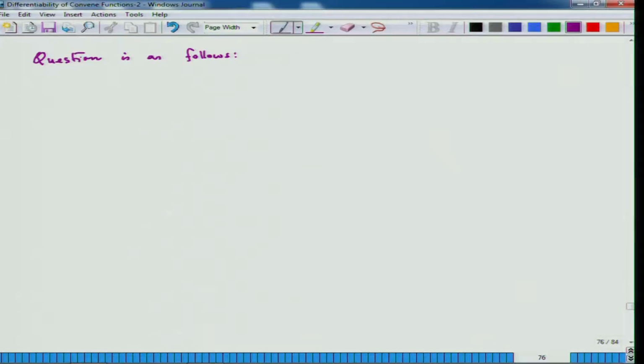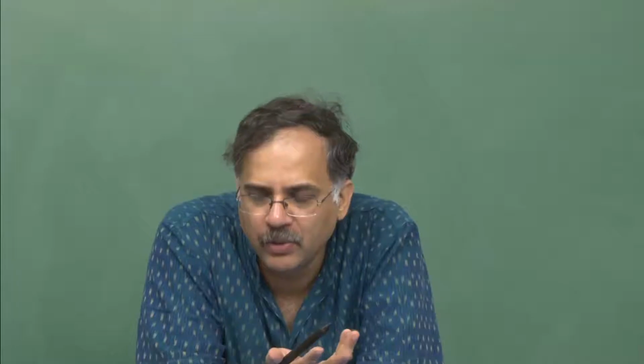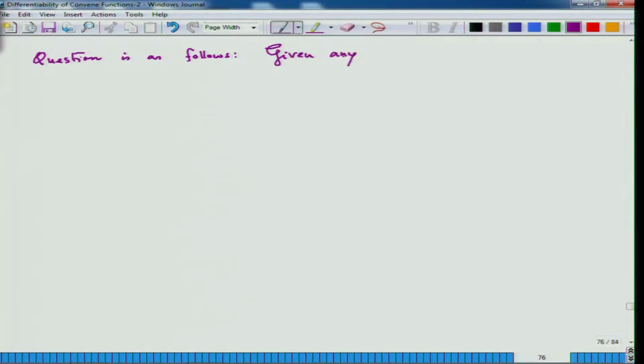Just doing grad f(x) equal to 0 will only give an approximate answer. So, given any x in R n, not C, the question is can you estimate this distance?